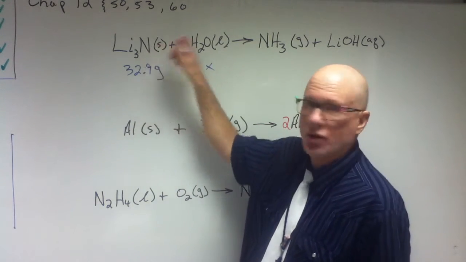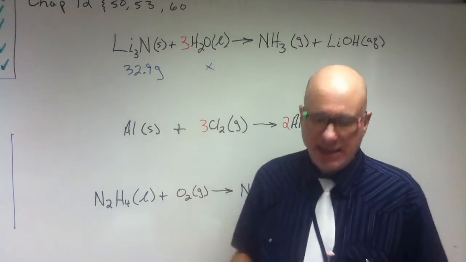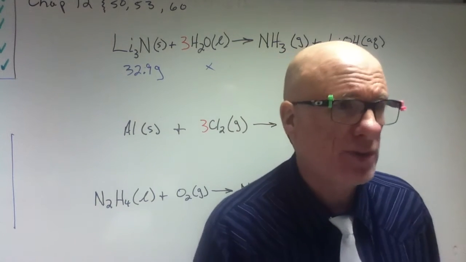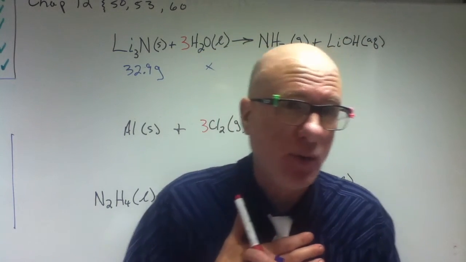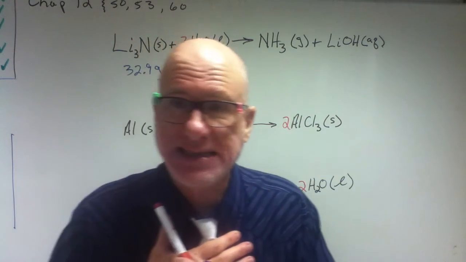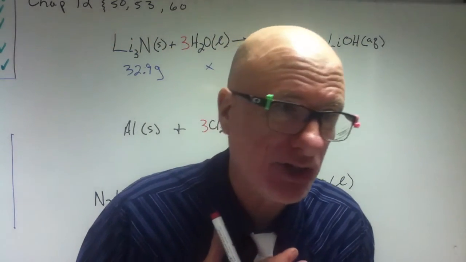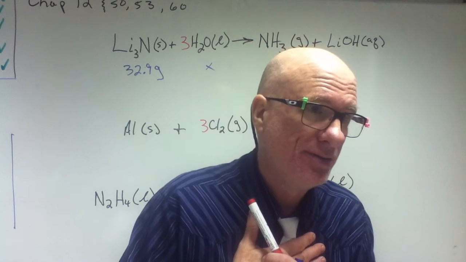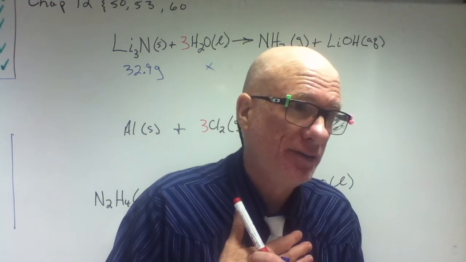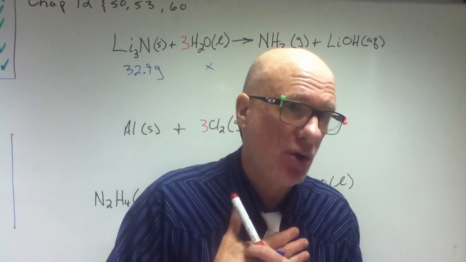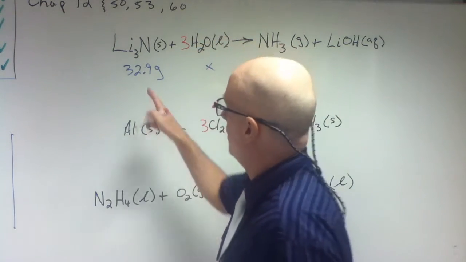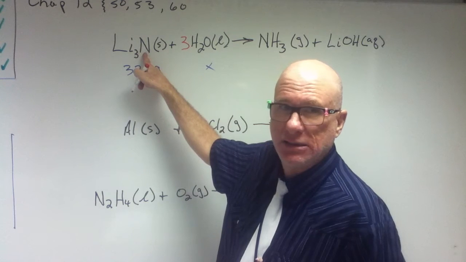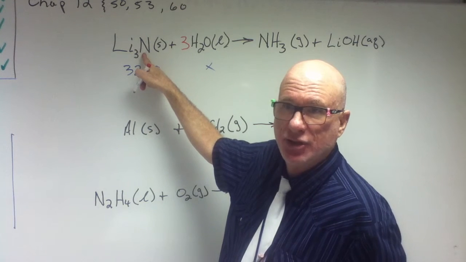So let's do the stoichiometric masses. What's the mass of lithium? Use mass numbers, it's just easier. So if you want to get a number on your exam that's close to my answer, use mass numbers, rounded to whole numbers. So what's lithium? 7, right? So that's going to be 21 plus 14, which is 35.